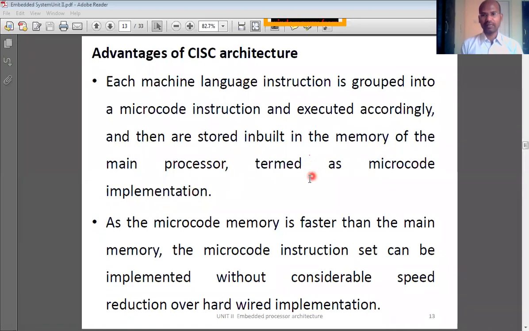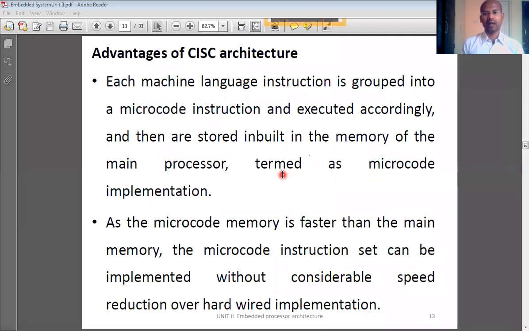Microcode can be implemented in 2 ways: by storing these micro instructions in separate memory called RAM, or you can build combinational circuits to implement these microcodes.